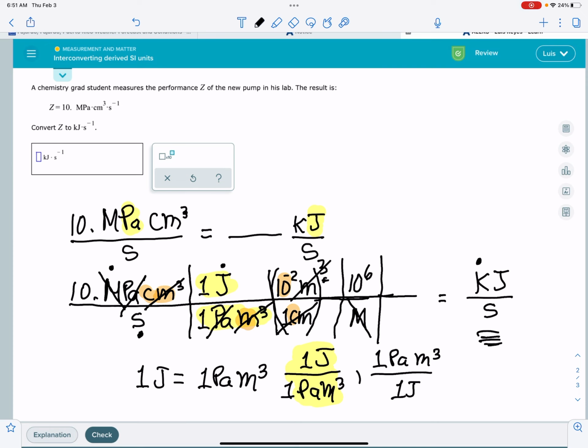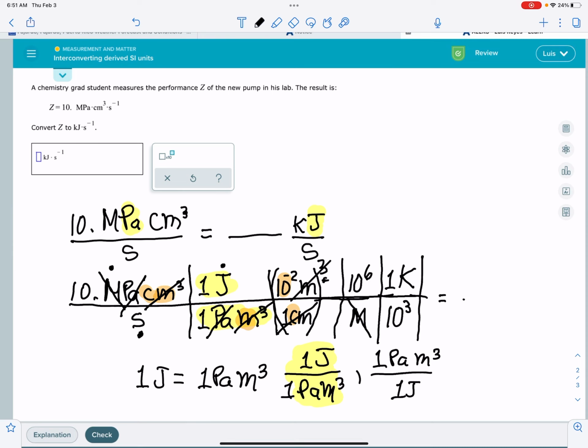So I'm gonna have to put a kilojoule, and a kilo is nothing more than 10 to the third, right? Let me move this to the side over here.